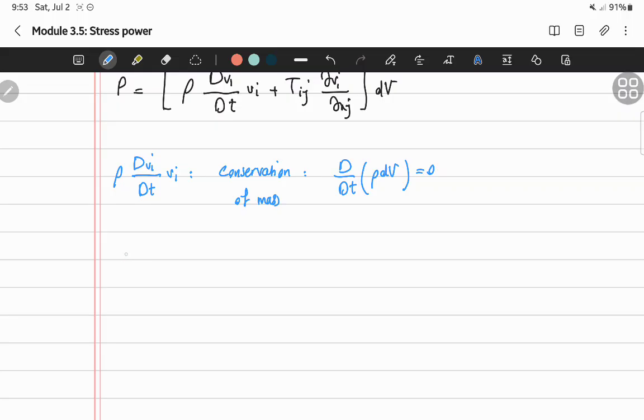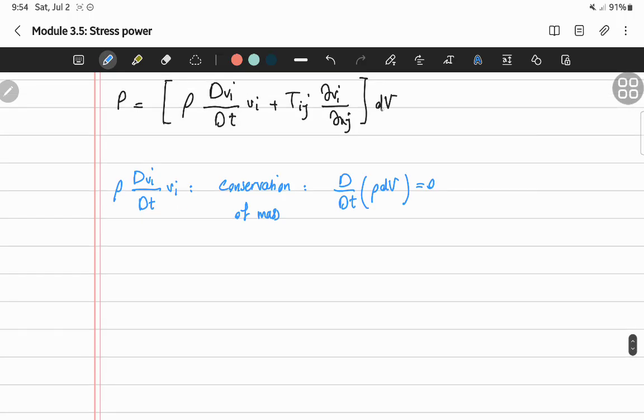Here, if you write this expression with dv, you can see that these two can form the conservation of mass.